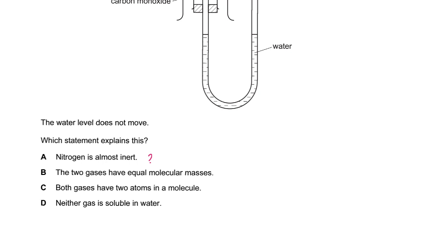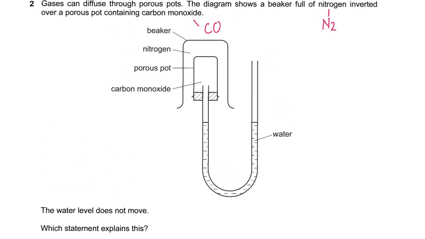If we look at the case we studied last time in class, a very similar diagram where the water level wasn't changing, let me scroll back. That was because if the gas inside the pot can diffuse faster than the gas on the outside can diffuse in, that ends up leaving a vacuum and the water level ends up changing.